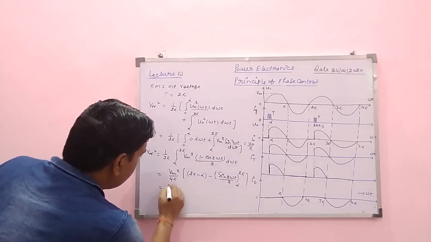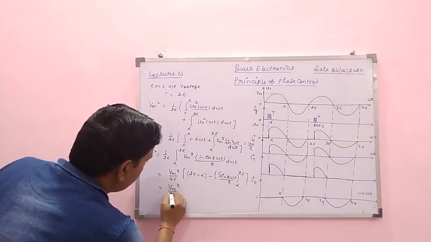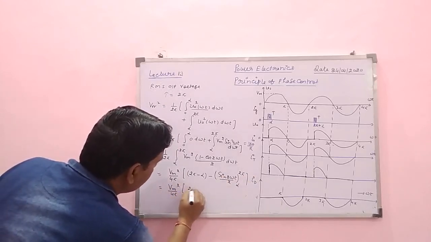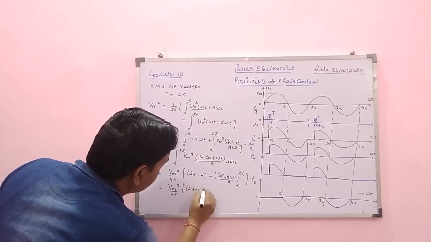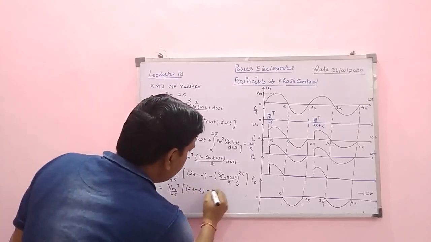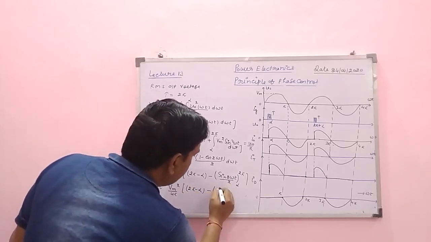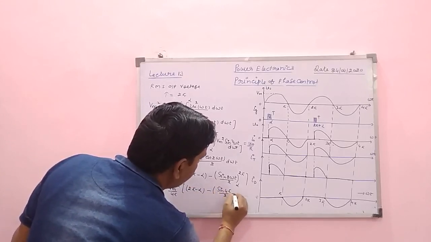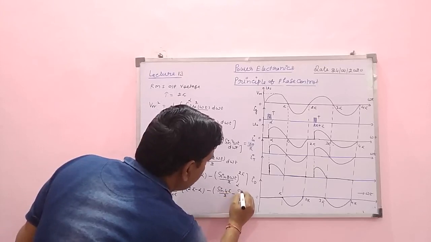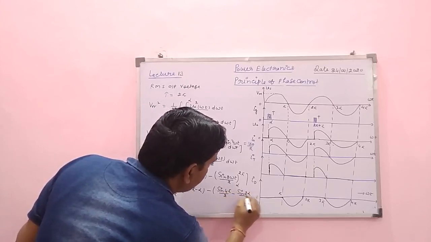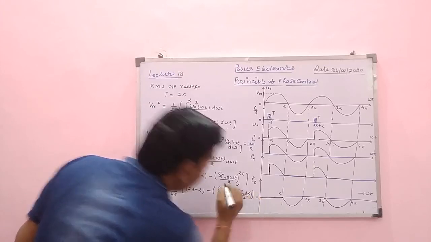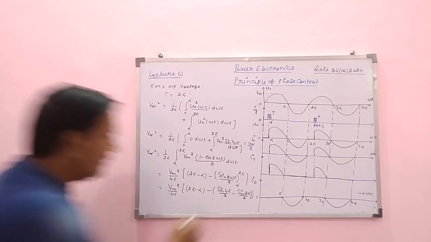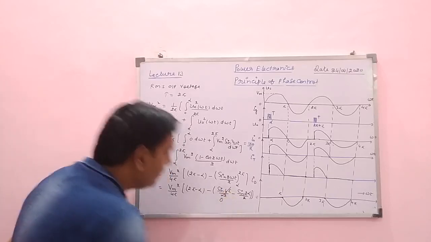So we can write Vm square upon 4 pi into 2 pi minus alpha, minus, the upper limit will be sin 4 pi divided by 2 minus sin 2 alpha divided by 2. The value of sin 4 pi is equal to 0.